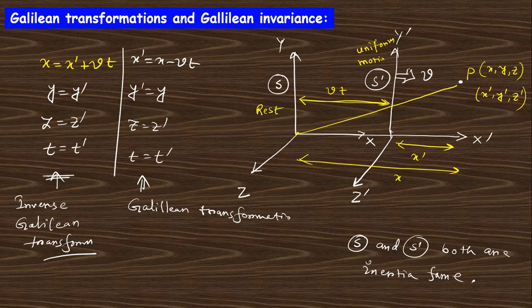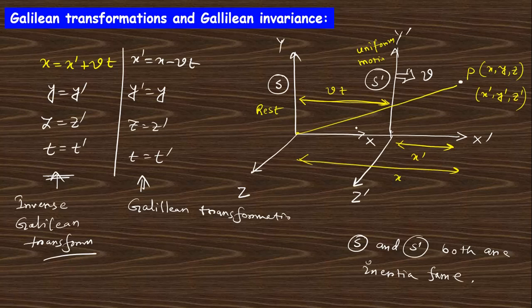Okay. Now what do we mean by Galilean invariance? For that, let us write down the motion of any position vector.